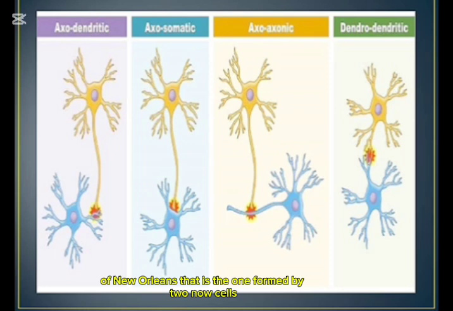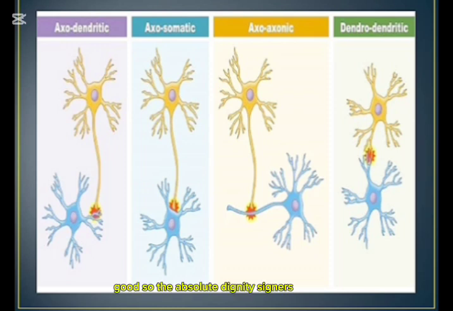That is the one formed by two nerve cells. Alright? Good. So, we are looking at types of, or the sub-classifications of, the neuronal synapse. Synapse that is formed by two nerve cells.